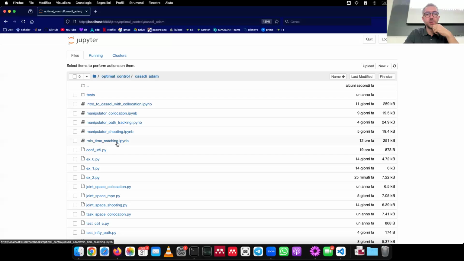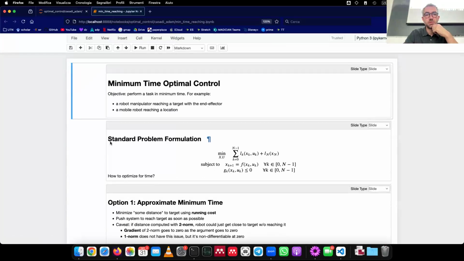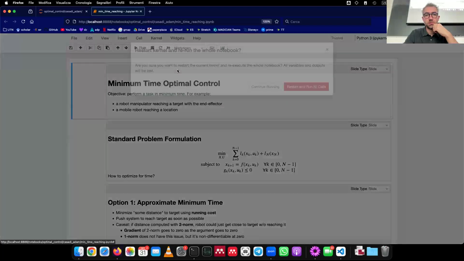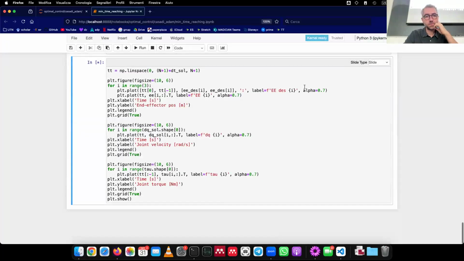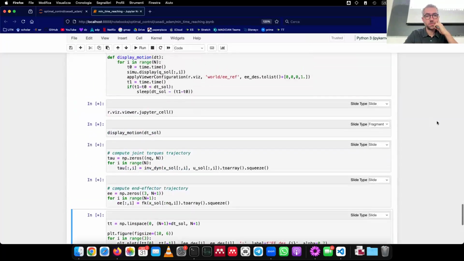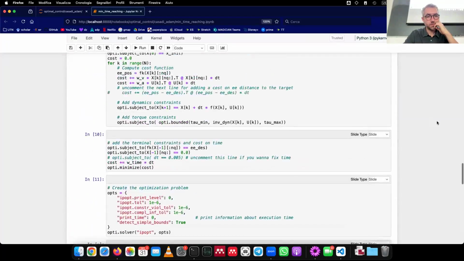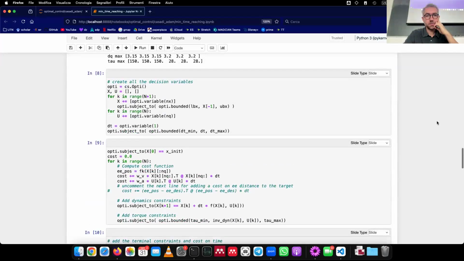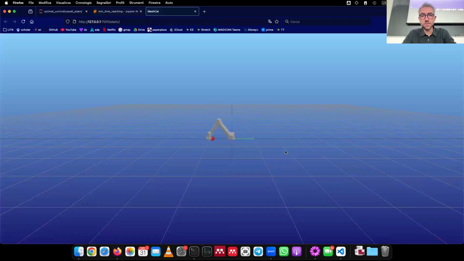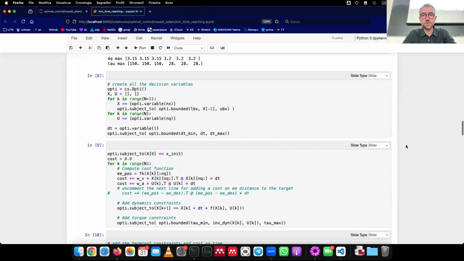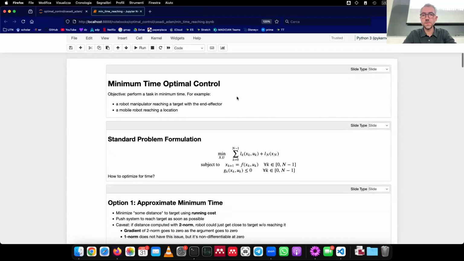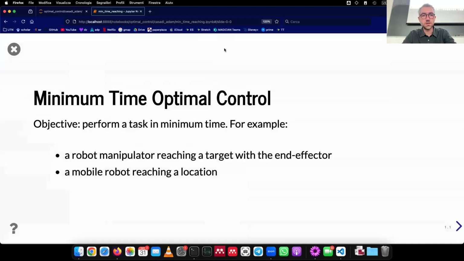And you should find this notebook, which is called minimum time reaching. Okay. Here we go.